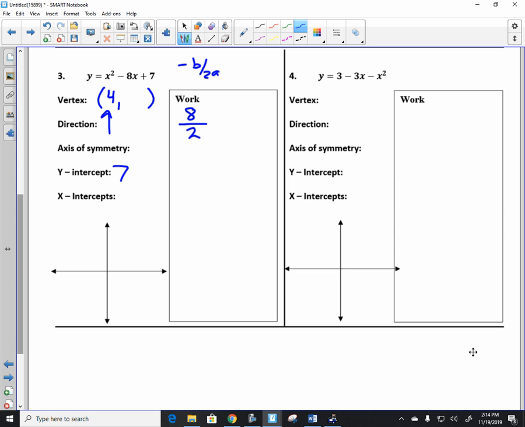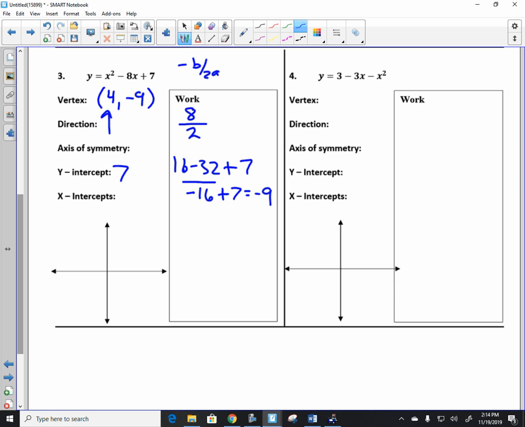How do I get the y value? Plug it in. If you're not good at plugging it in, make sure that you use your calculator. But I'm going to try and plug in 4. I get 16 minus 32 plus 7. A teacher once told me that 16 minus 32 is negative 16, plus 7 is negative 9. I'm rolling negative 9 there. What do you guys think?